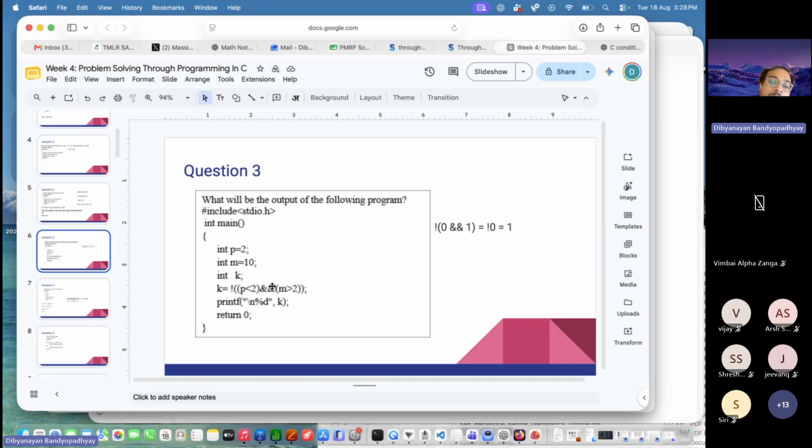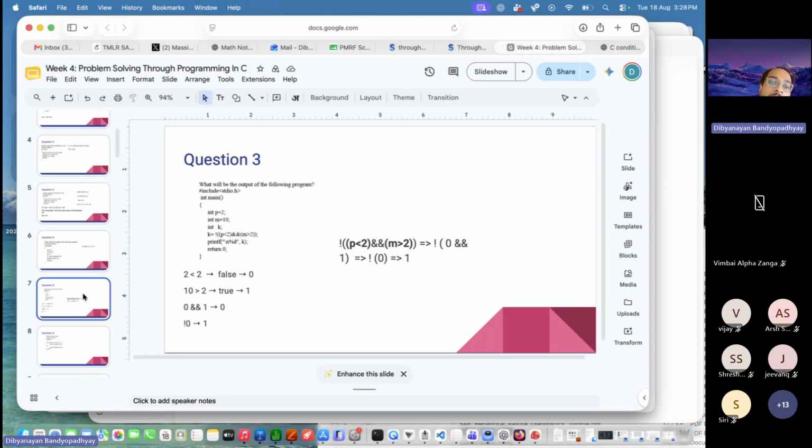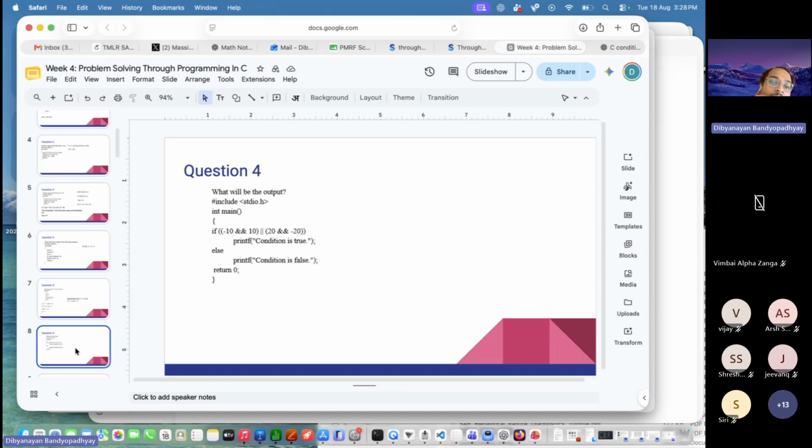And 0 and 1 means 0 actually. Both should be 1, and only then it will evaluate to 1. And if it is 0, the whole operation turns to 0, and the final outcome is basically the not of 0, which is equal to 1. So you are printing 1 to the screen. So this is the whole idea actually. And this is the fourth question.